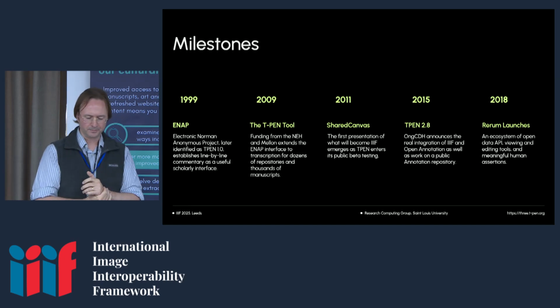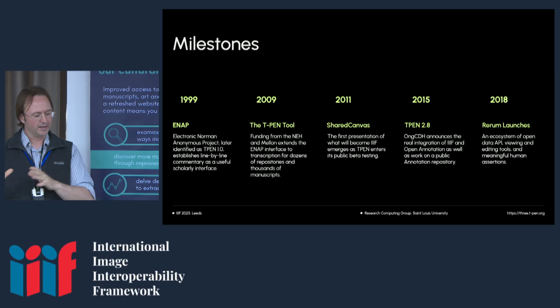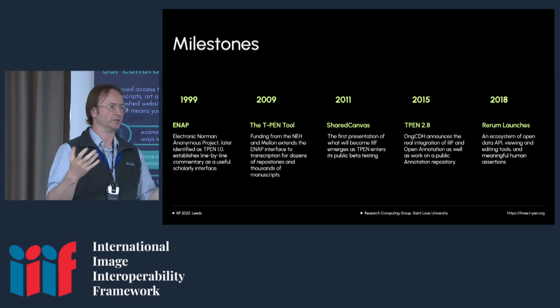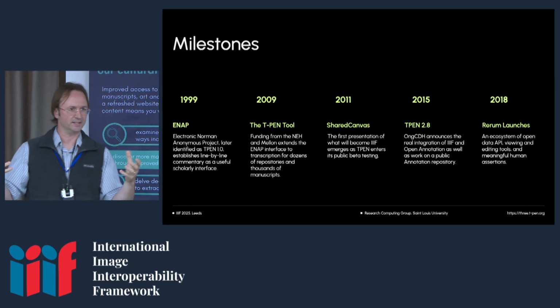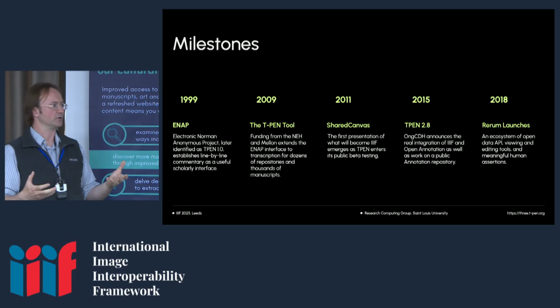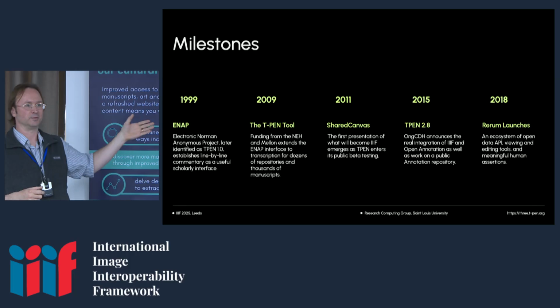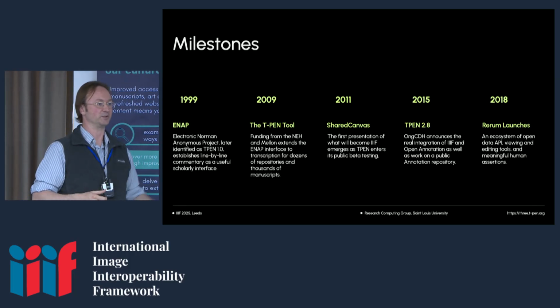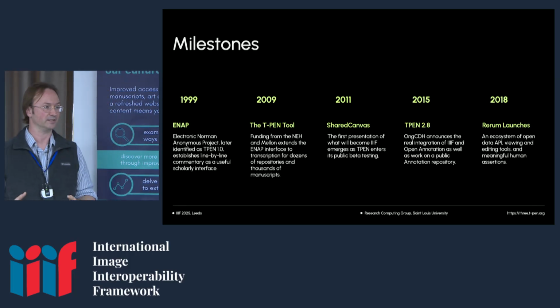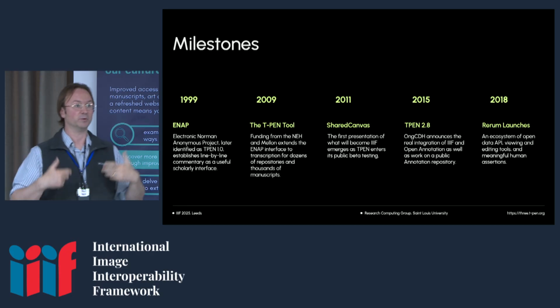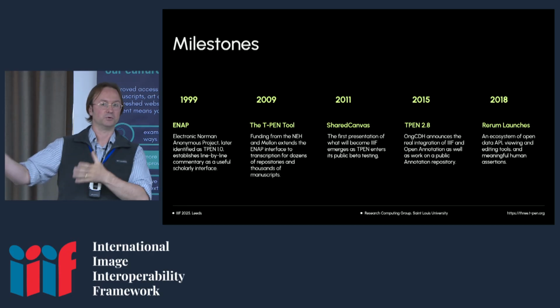The TPEN tool in 2009 was funded from NEH and Mellon, and it sort of extended that to include transcription, with the idea that as long as we're detecting lines and splitting things up, people can start transcribing these new unpublished manuscripts. And that list at the beginning was the original repositories that gave us some sort of secret backdoor access.